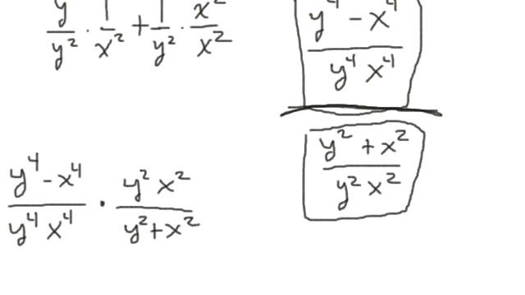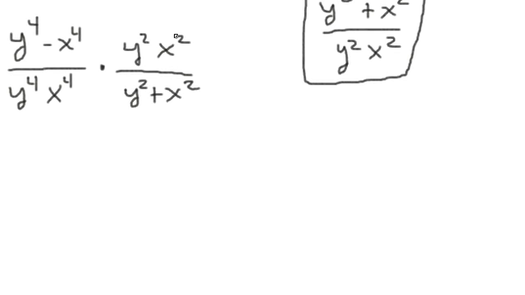Alright, now we want to simplify, see if we can cancel some things out. We have 2 x's, 2 y's, so we'll be able to cancel that out there. So okay, I'm going to rewrite this. I'm going to say equals. This is equal, right, to the top up here. So we say y to the fourth minus x to the fourth, and I guess I'll start a parenthesis.